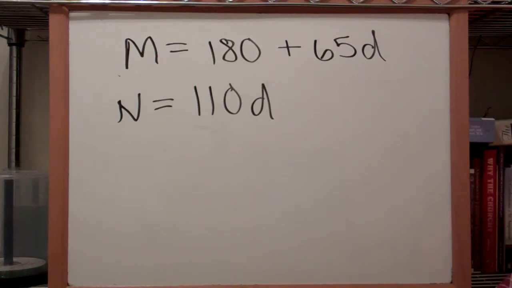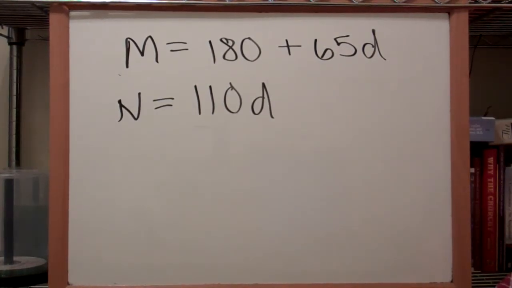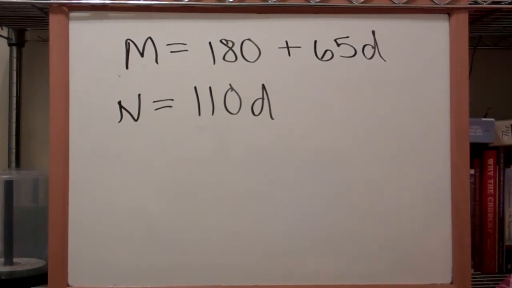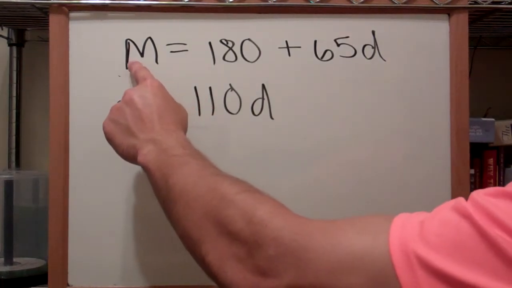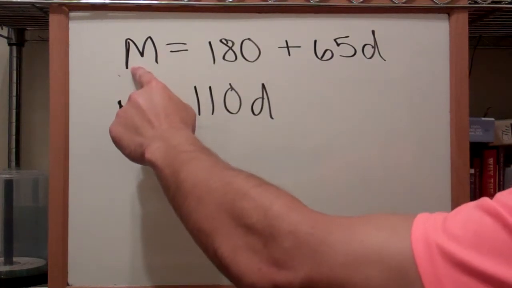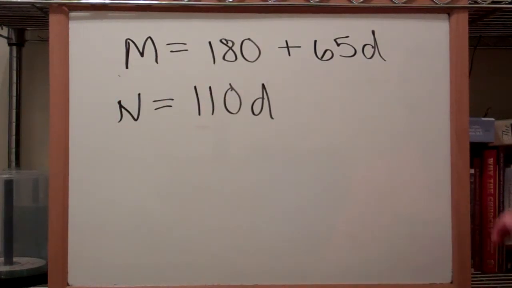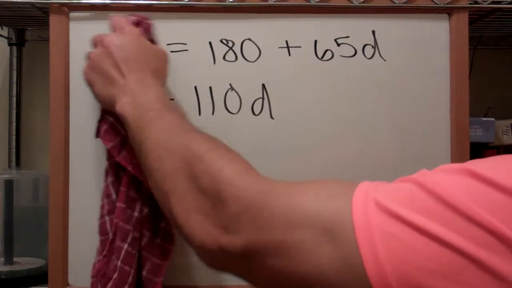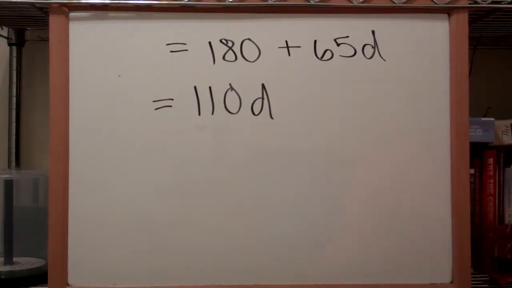Then in part C it says, use the equations you wrote to solve for how many deer it would take for a non-member and a member to have spent the same amount of money at the club. So really the amounts of money that the member spends and the non-member spends are going to be equal. So we could say in part C that these are both going to be equal to the same variable.